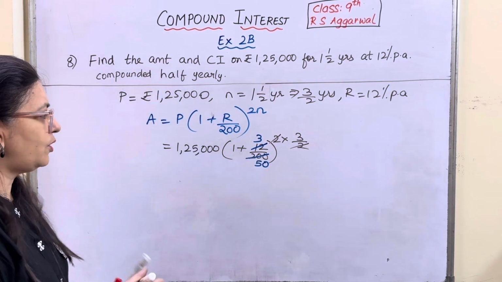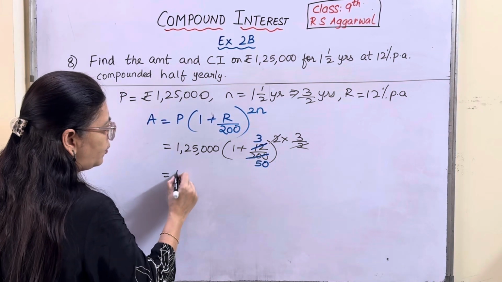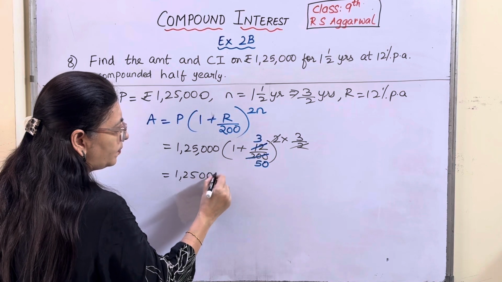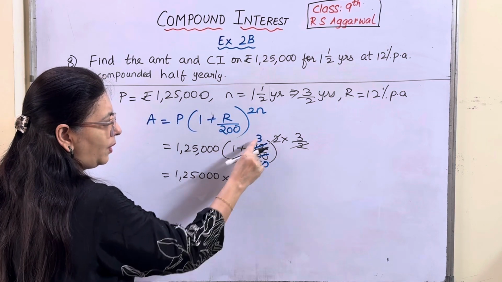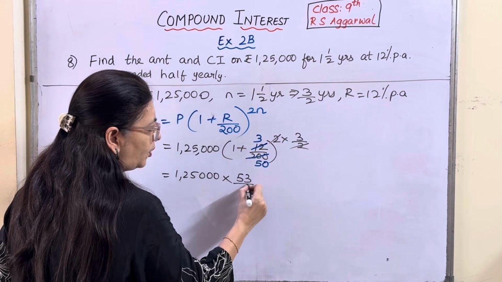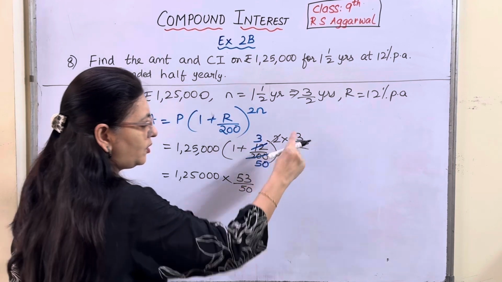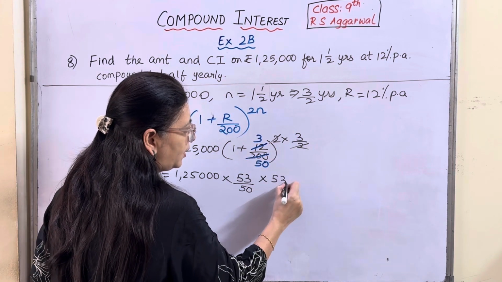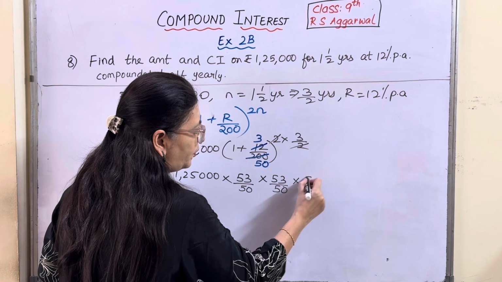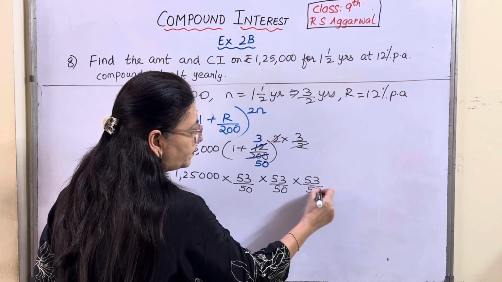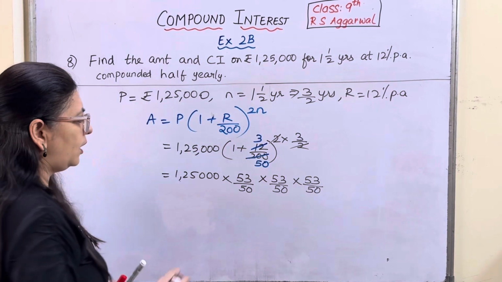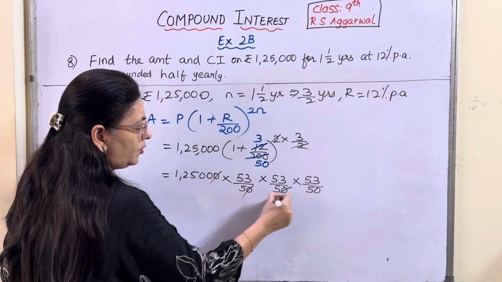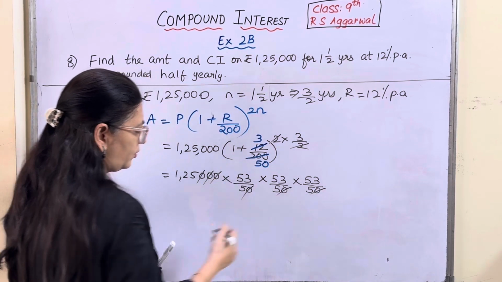Okay. Come on, now let's do it. It is 1,25,000 into 50 plus 3 is 53 upon 50. How many times? 3 times. Into 53 upon 50 into 53 upon 50. Clear? Now let's reduce it. 0 0 0 0. Okay.